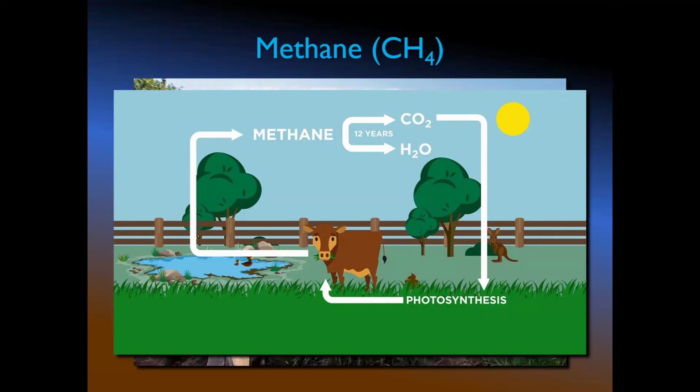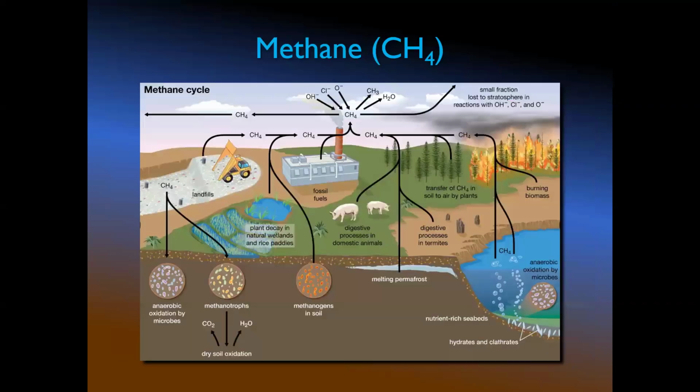And after about 12 years, it breaks down into carbon dioxide and water, which then feeds the photosynthetic pathway, which then is consumed by the cow, and you start the whole cycle all over again. And so that's why this methane cycle is going to continue. But the more of these organisms you have, the more that you're going to add that greenhouse gas to the Earth's atmosphere. And it's going to be in there for about 12 years. That's oxidation right there, which we talked about before.